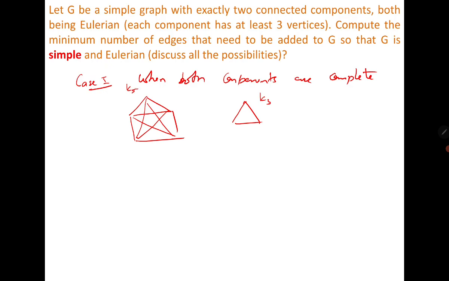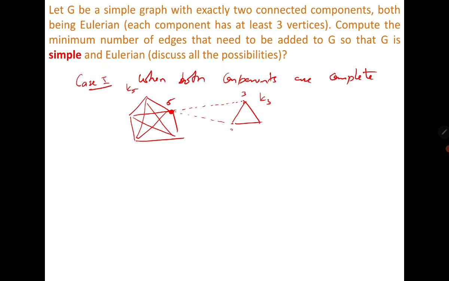If I have to add the edges, I can start with any vertex and connect it to the other component. Now its degree becomes 5, its degree becomes 3. I can make the degree even at one point of time. So I can make this one even and this becomes 6.